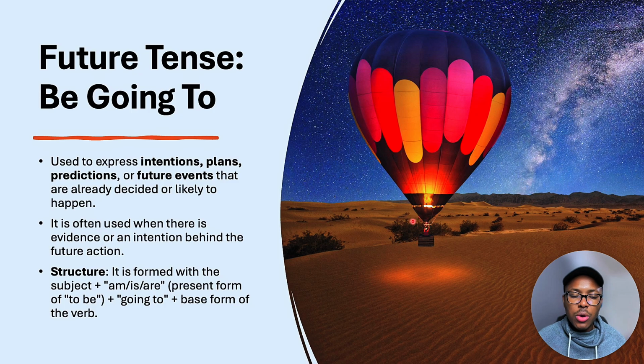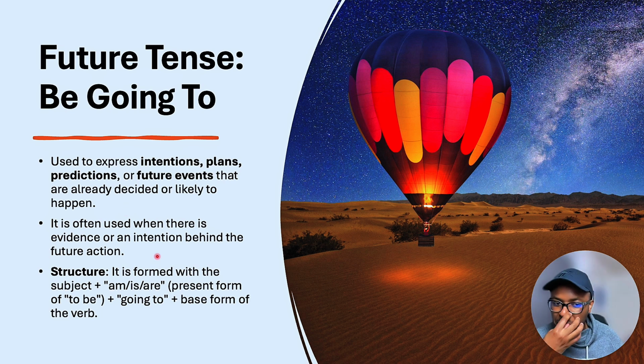Be going to. Used to express intentions, plans, predictions, or future events that are already decided or likely to happen. It is often used when there is evidence or an intention behind the future action.